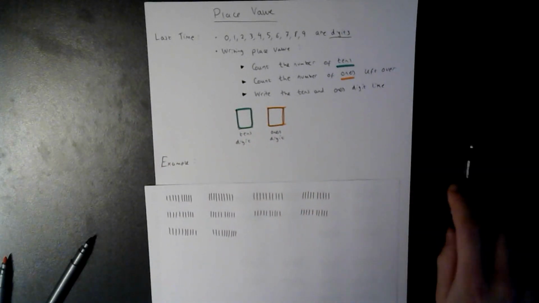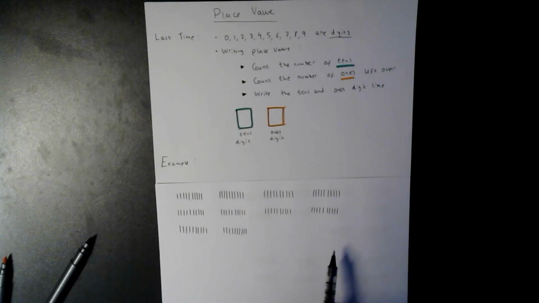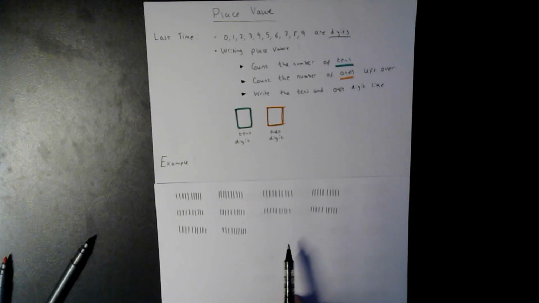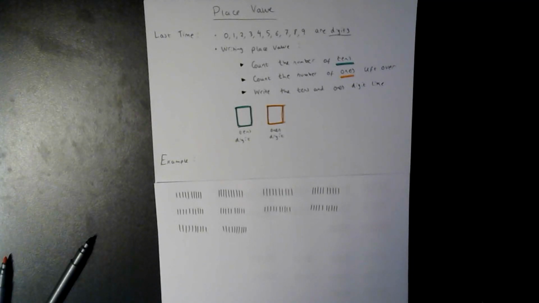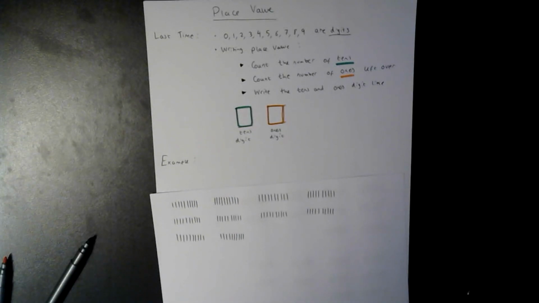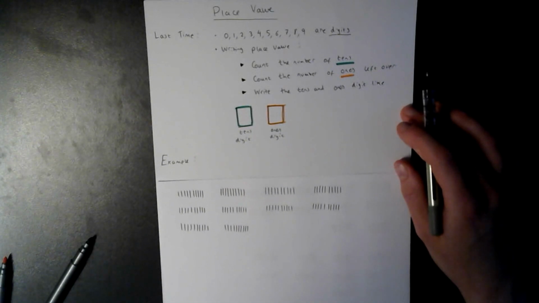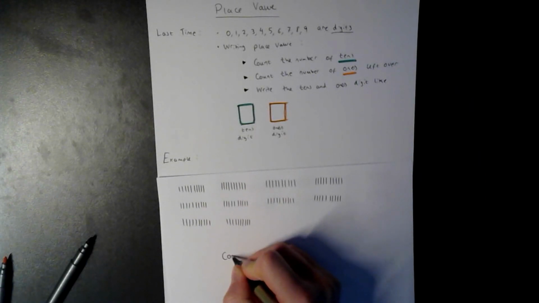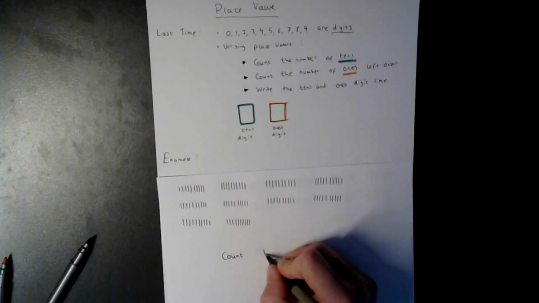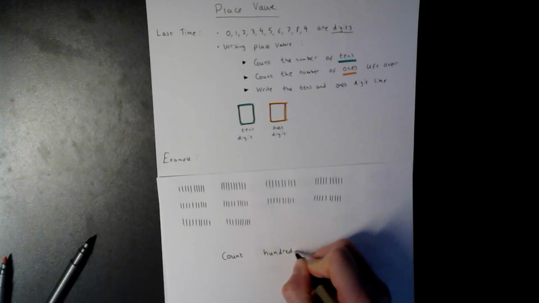I've just cleared up the example that we had there. So it's the exact same number, but without the green boxes. So what we can do instead is, instead of counting the number of tens, because there's 10 tens, which doesn't work, we instead count the number of hundreds.